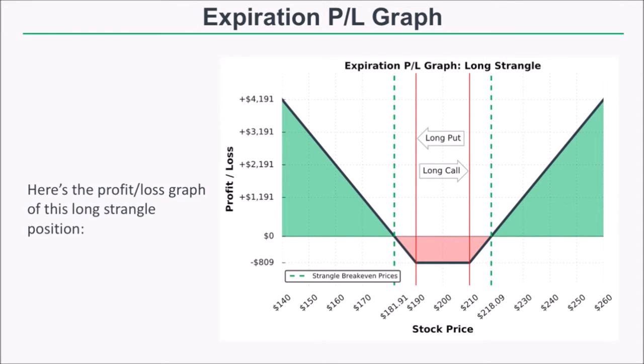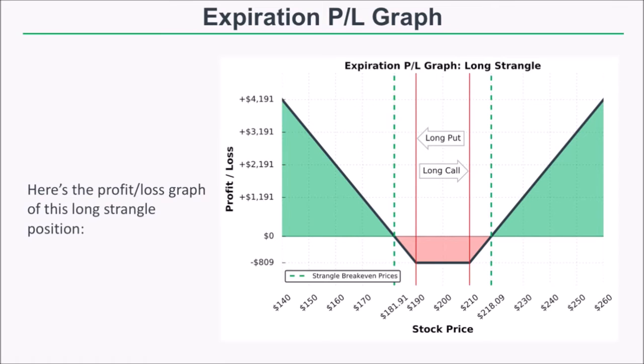Now, that maximum loss occurs when the stock price is between our long put and long call strikes at expiration. So if the stock price is anywhere between 190 and 210 at expiration, we will lose the full $8.09 debit that we paid. Now, our break-even prices are the long call strike price plus the debit paid, and the long put strike price minus the debit paid.